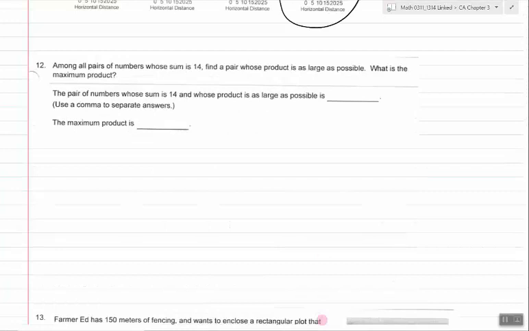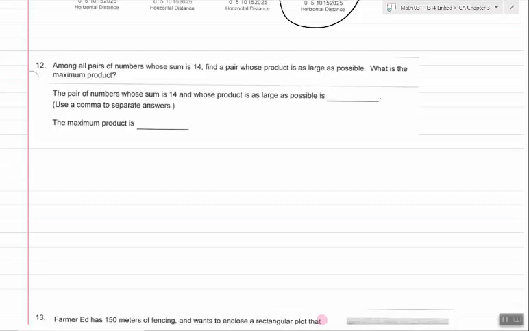All right, we have a few more application problems. And it says, among all pairs of numbers whose sum is 14, find a pair whose product is as large as possible. And what is the maximum product? All right. Now, we're not going to use x and y as the two numbers.